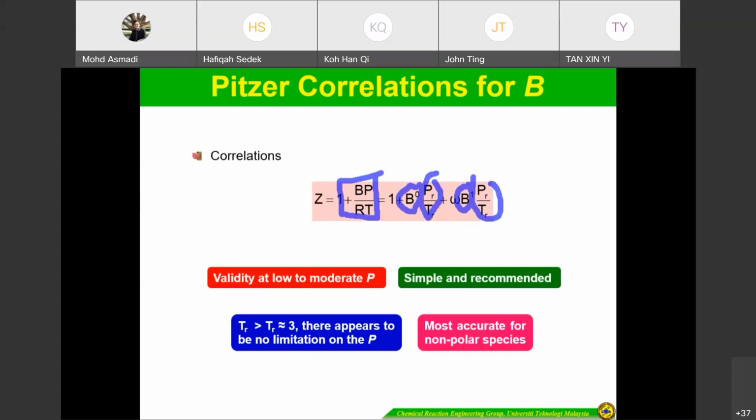I will use this one. It's very simple. Just substitute the values of B naught, B prime, PR, and TR, and you can calculate the compressibility factor. You have to remember, only for non-polar, meaning hydrocarbons, something that does not have an OH, not highly polar. There appears to be no limitation on the P.